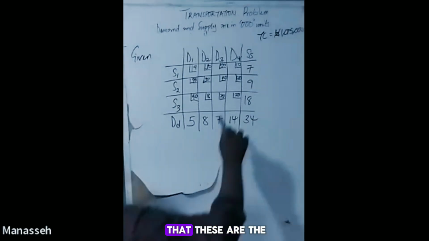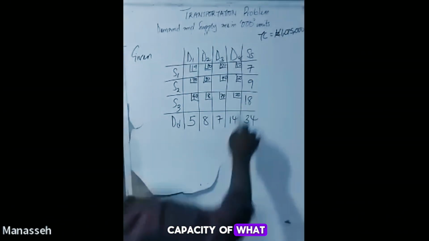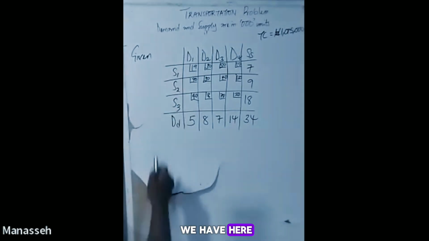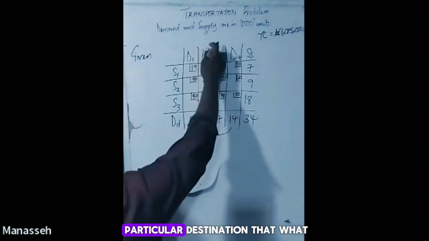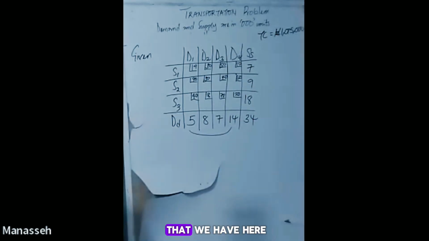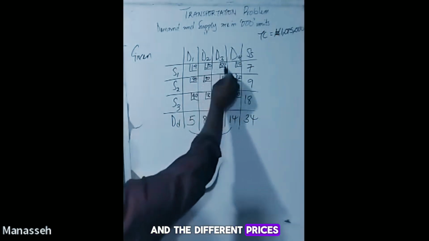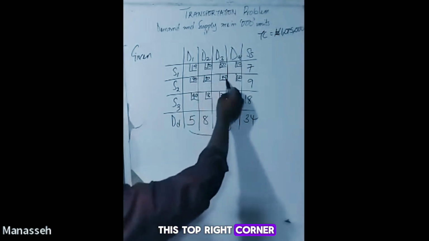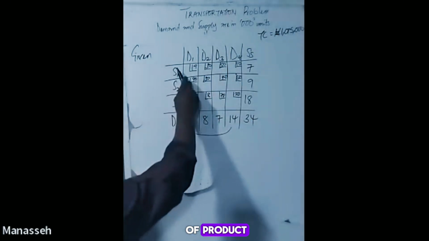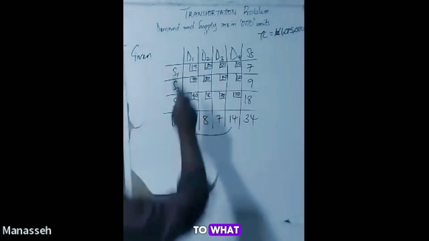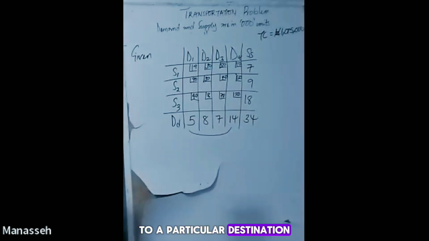We already know these are the capacity of this source that we have here, and these are the demand of this particular destination, and the different prices at the top right corner are the cost implication of moving a unit of product from a particular source to a particular destination.